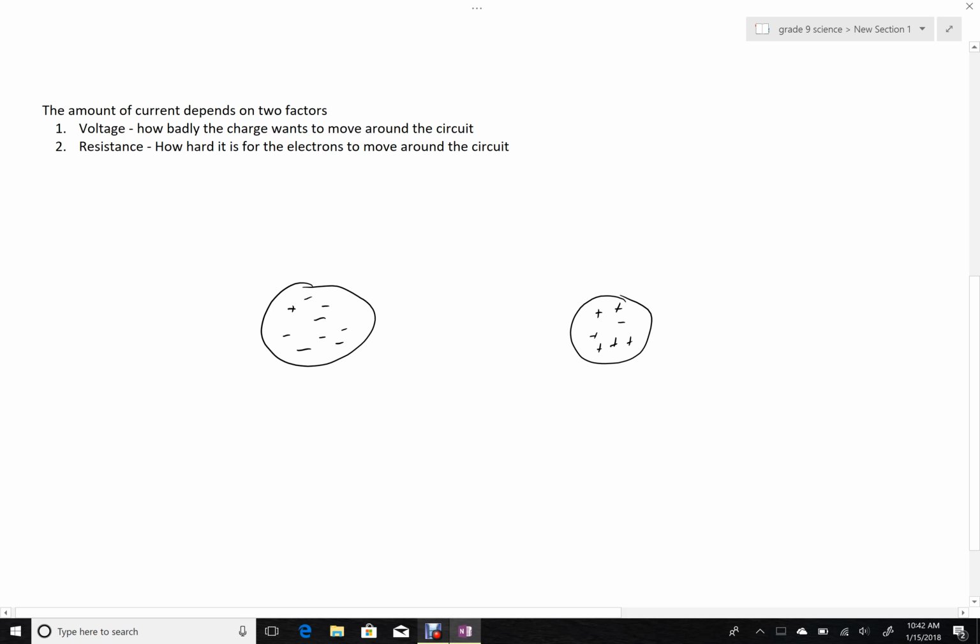So the more negative this is, and the more positive this is, the bigger difference between these two. Sometimes this is called a potential difference, or that's what we call voltage.